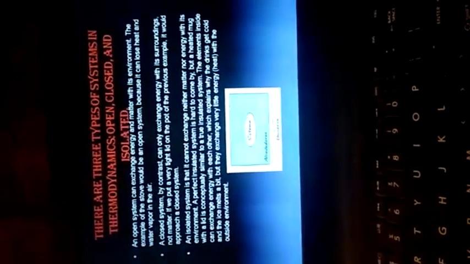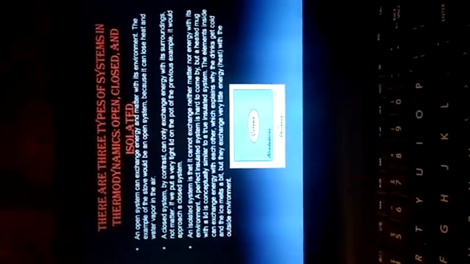Okay, this example shows a relation for the mass. And the other one: when we have a cold day, our body has heat, and our system in this case is a car.